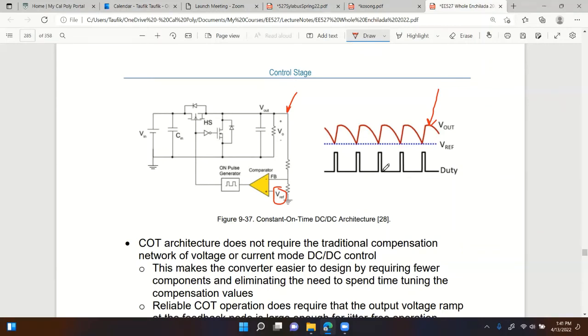Well, because these pulses are constant on-time pulses. Look at the pulse width. They're all the same pulse width. As the capacitor is discharging, output voltage goes down accordingly. When it hits the minimum point defined by the Vref, that's the point when the controller says generate a pulse and send it to the switch. So right there.